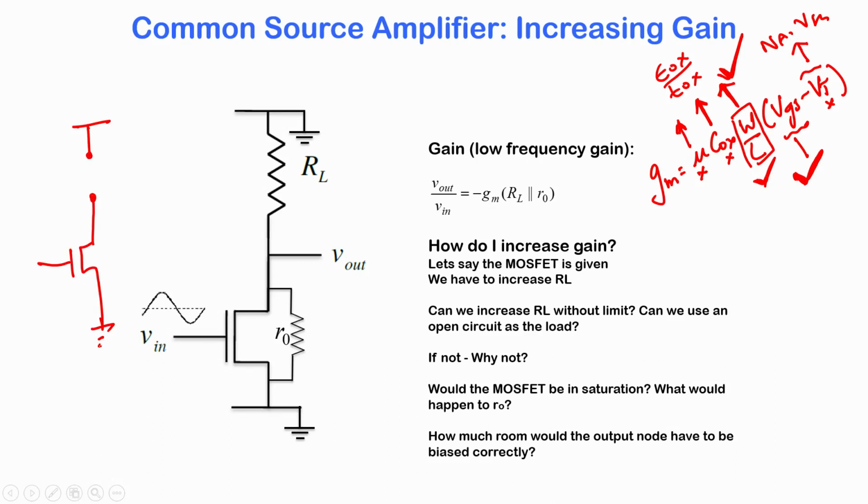Okay. So, this is going to be my amplifier circuit. I have my V in here, I have my V out there. Does it mean that I am going to have very high gain? Can I use this equation and say that RL is infinite, therefore, let us say Ro limits everything, infinite in parallel with Ro is basically Ro, and therefore my Gm is very large. Can we say that?